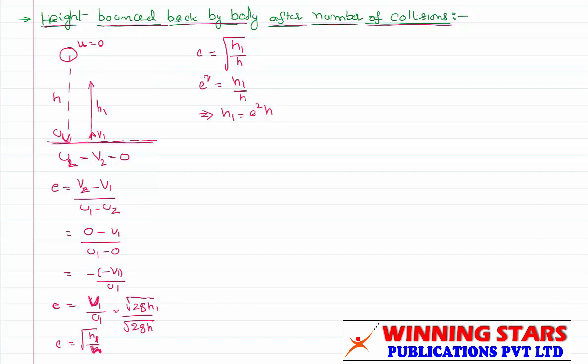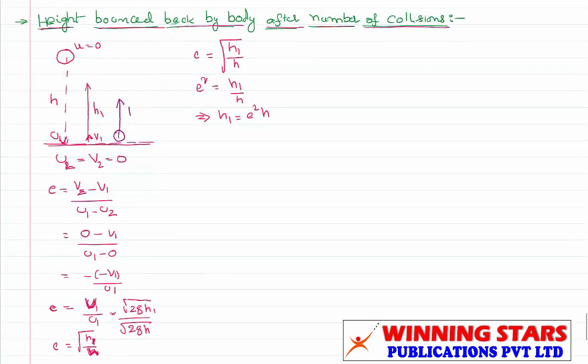Let that ball fall back on the ground and bounce back to a different height, h2. So during the second collision, again I can apply the formula.